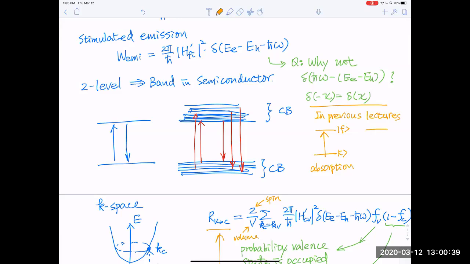But we switch the label when we talk about emission. So this becomes emission.